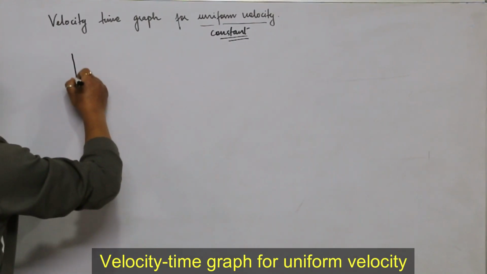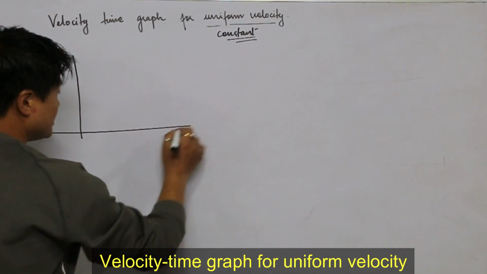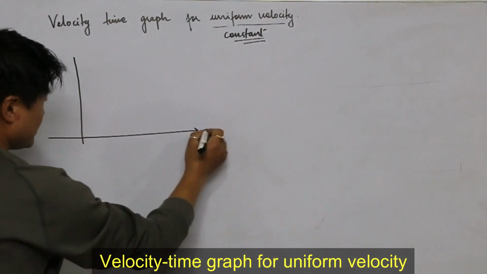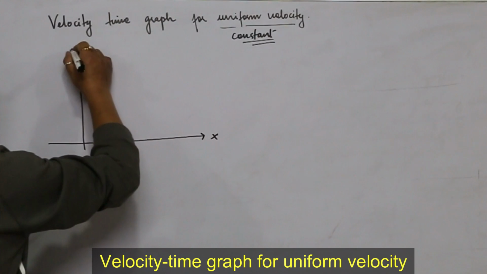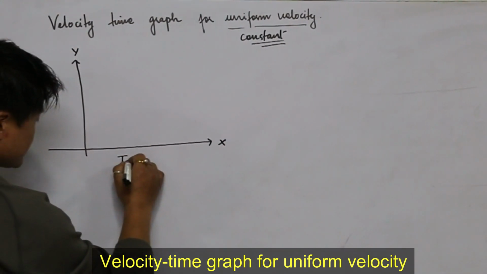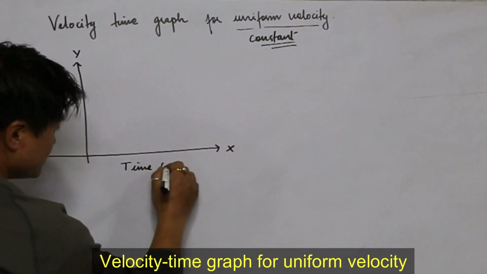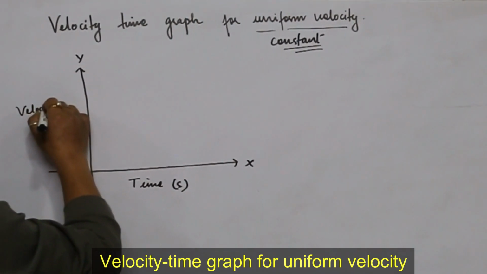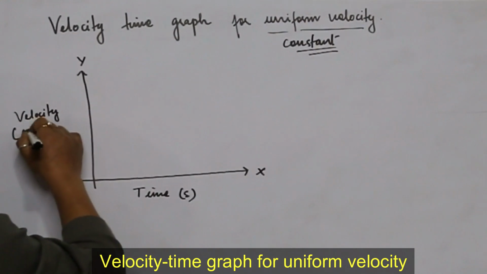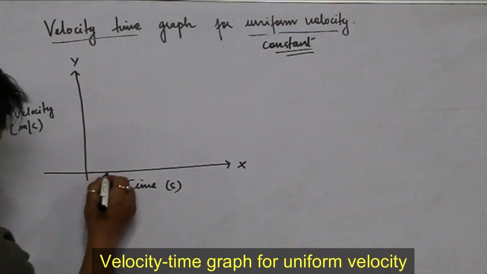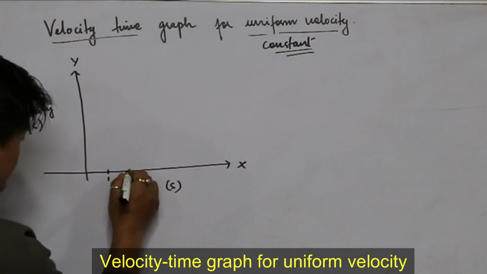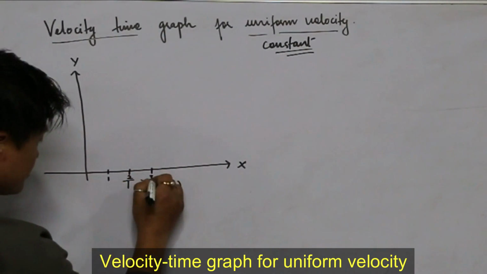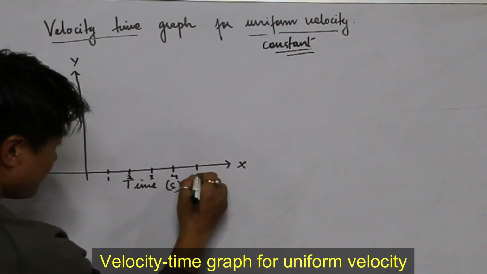For this, we will make the graph first. Let's take this as the x-axis and this as the y-axis. The x-axis represents time in seconds, and the y-axis represents velocity in meters per second. We'll mark the time here as 1, 2, 3, 4, 5.